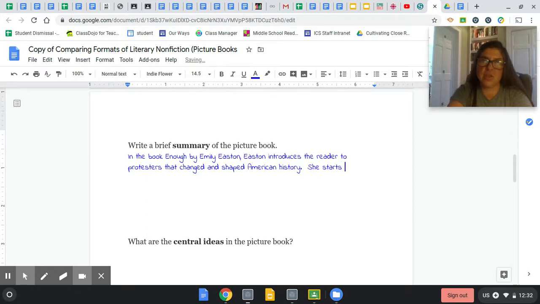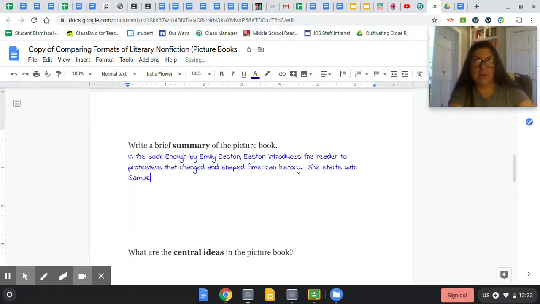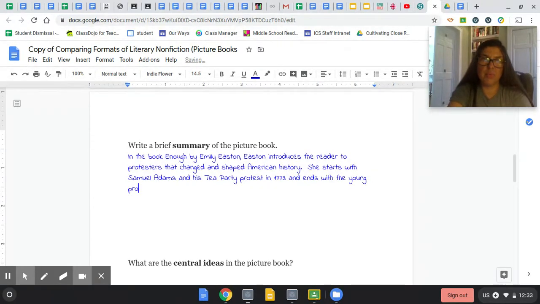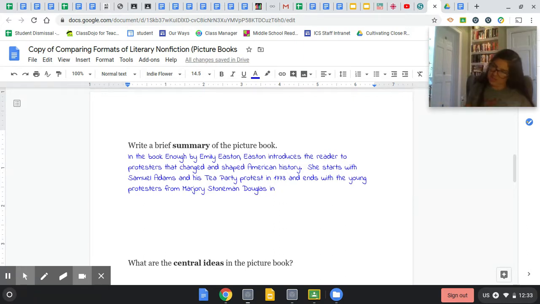She starts with Samuel Adams and his Tea Party protest in 1773 and ends with the young protesters from Marjory Stoneman Douglas in 2018. Yes, 2018.